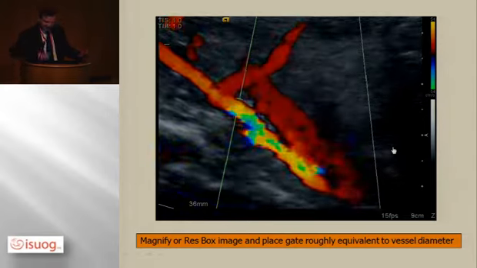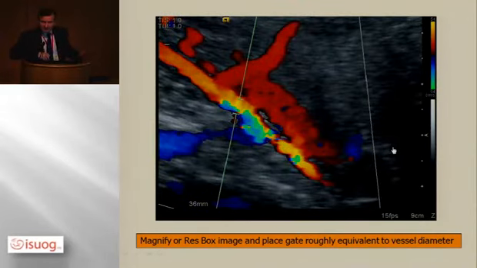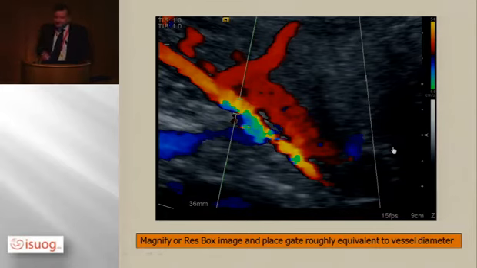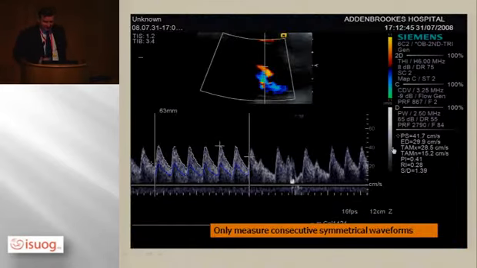So here we have, just using a standard res or zoom box on any machine, you've magnified up and suddenly you've got a huge vessel here, and you can very easily see the angle between the incident beam and the vessel, measure that angle if you want to, but importantly you know that the gate position is in exactly the right place and the vessel you're measuring is exactly the right one.